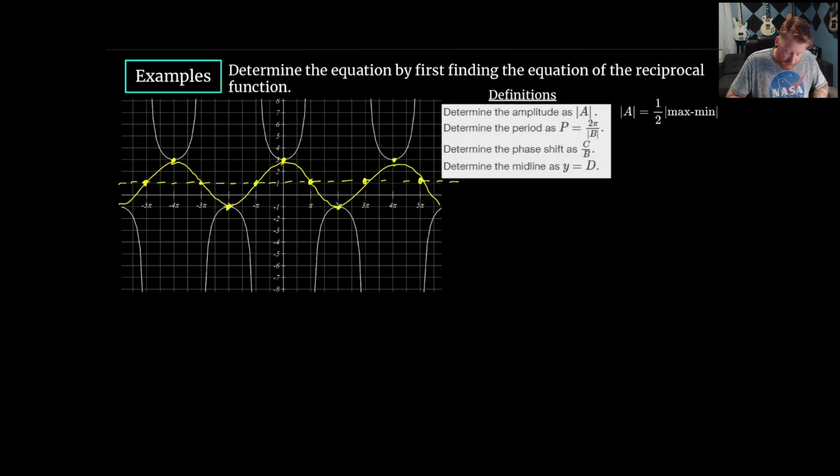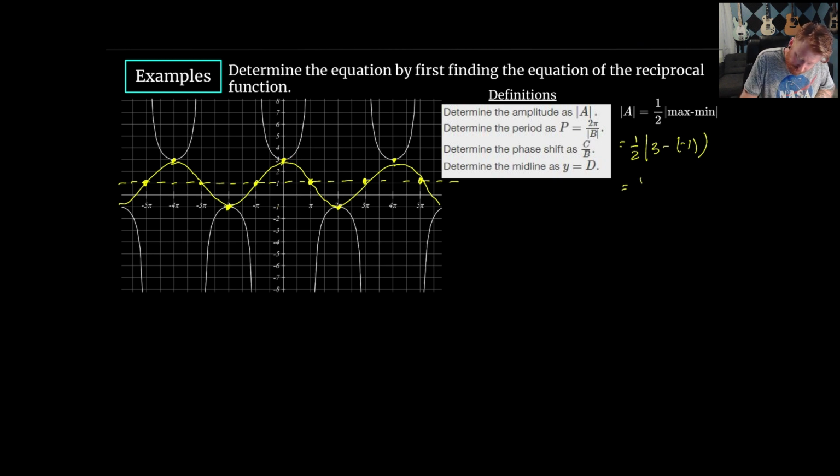So our amplitude here, so we're looking at the yellow function. We'll go back and get the other reciprocal function in just a minute, but the amplitude is going to be 1/2 times the absolute value of the maximum, which is 3, minus the minimum, which is -1. So the maximum value of 3, minimum value of -1.